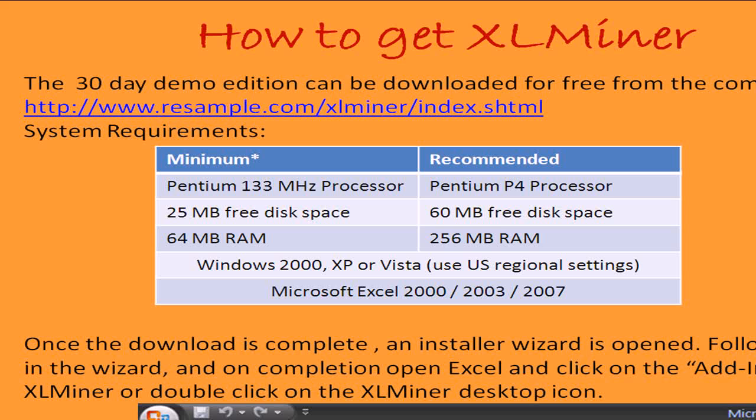It is recommended to use a Pentium P4 processor. It needs a minimum of 60 MB of disk space and 256 MB of RAM. You can install it on machines running Windows 2000, XP or Vista. And you also need to have a copy of Microsoft Excel 2000, 2003 or 2007 installed on your machine.